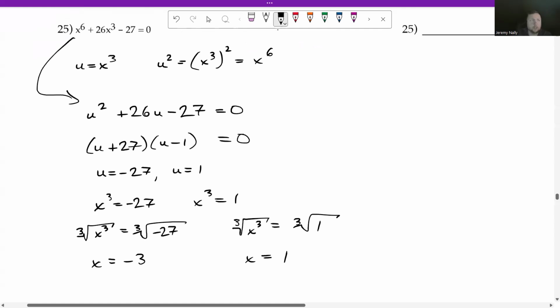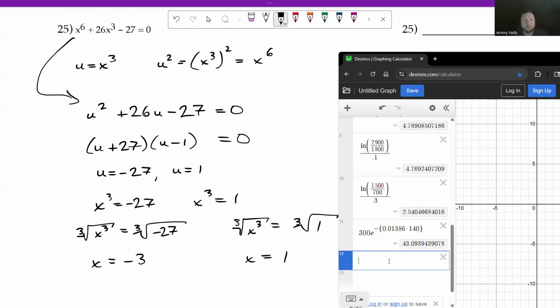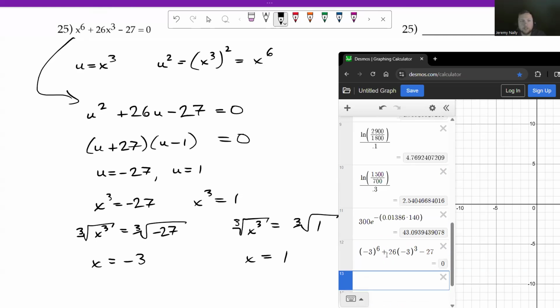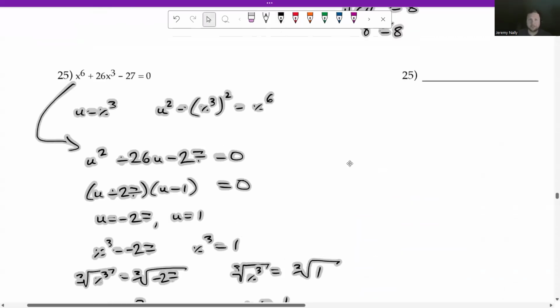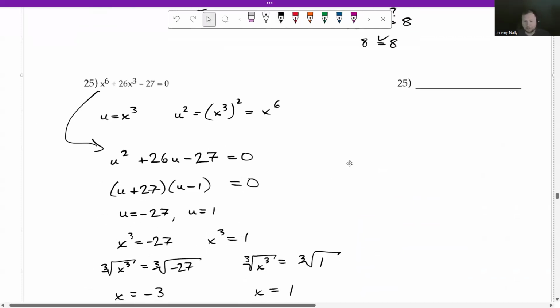And you can certainly check these however you like, either just plugging them in and doing the arithmetic, or we can just do negative 3 to the 6th plus 26 times negative 3 cubed minus 27. We get 0. And then, 1 plus 26 minus 27 gives us 0 if we plug in 1. So those are the solutions.